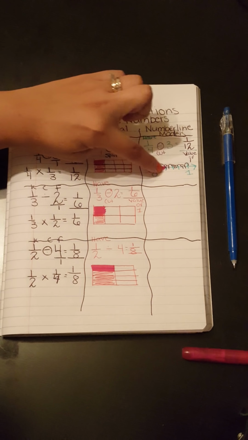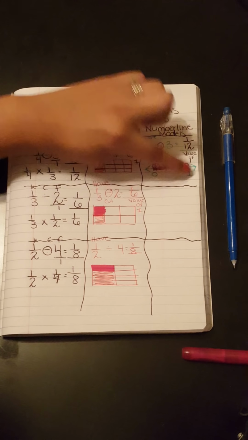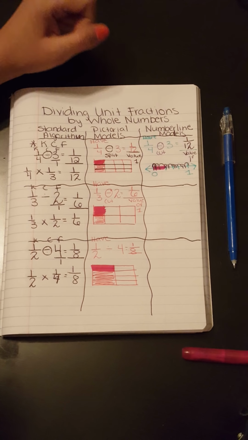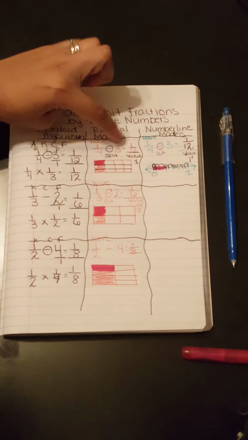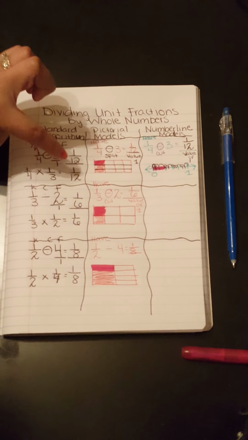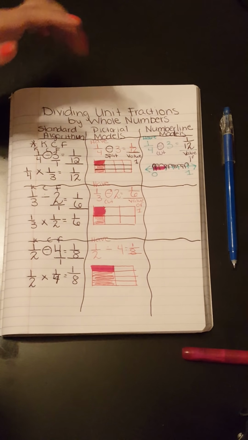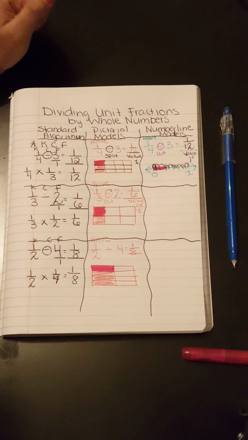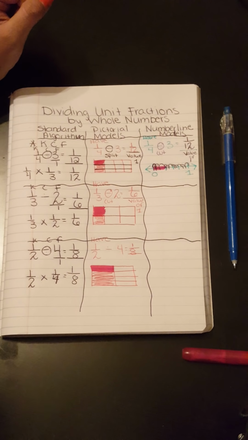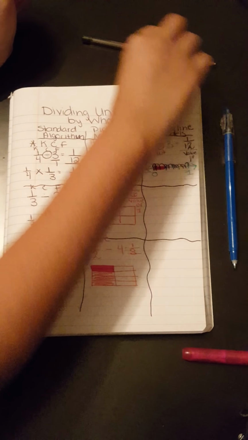One little hop out of 12. 1/12. 3 different strategies, same answer. So it doesn't matter which one you use, all 3 of them will get you the same right answer.